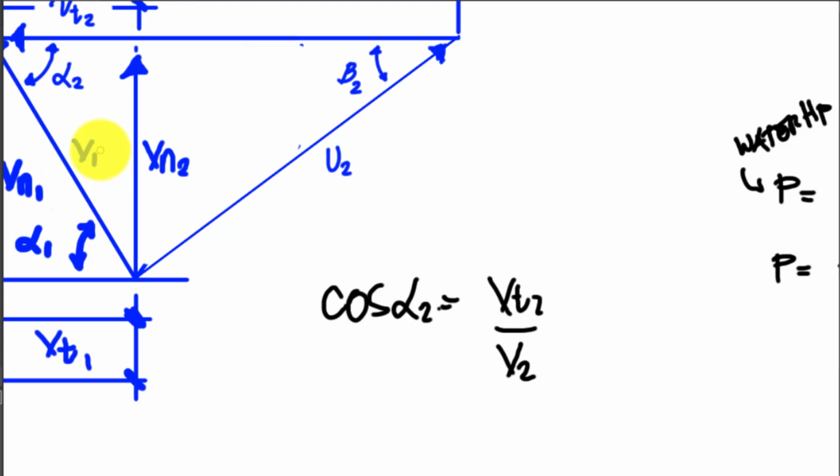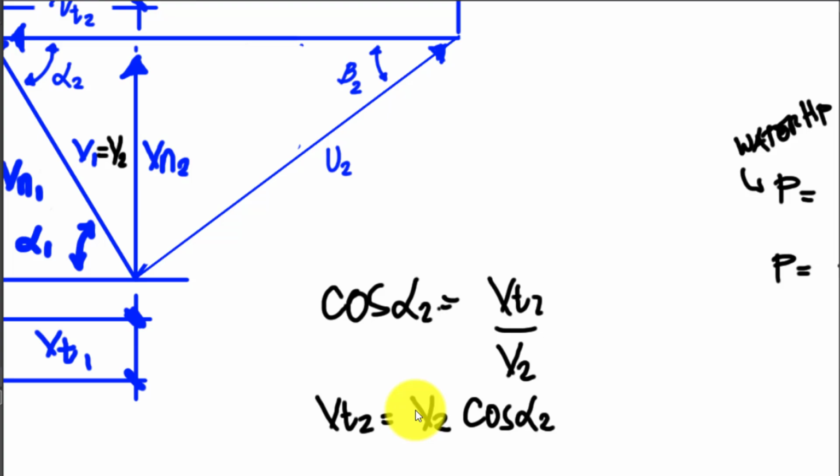Now, our absolute velocity is equal to your absolute velocity 2, since what is entering the vane and leaving the vane is the same amount of volume. Okay, so the absolute velocity at point 1 is equal to the absolute velocity at point 2. So I can say now my tangential velocity 2 is equal to absolute velocity times the cosine of my alpha 2.